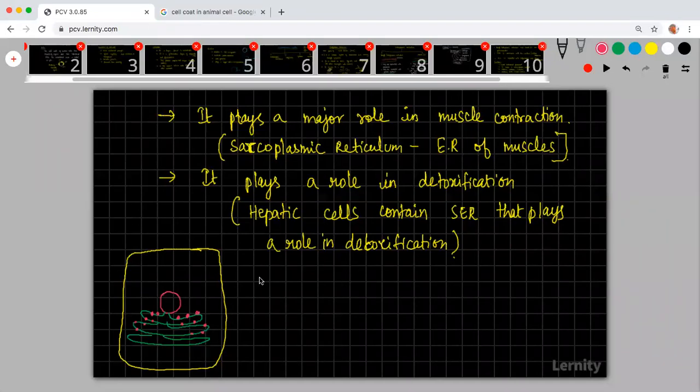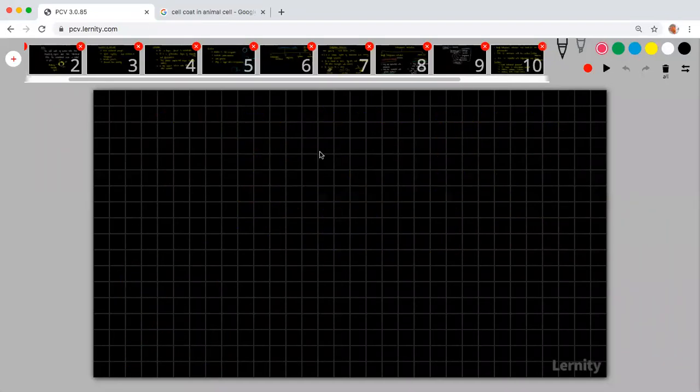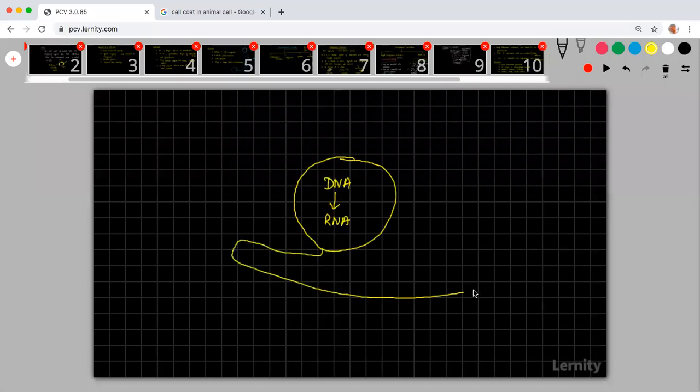Okay, what you need to understand is that the cell's DNA is present in the nucleus. From the DNA, the information is passed to the RNA, and the RNA will come out of the nuclear membrane. The RNA will be coming like this as a single strand.